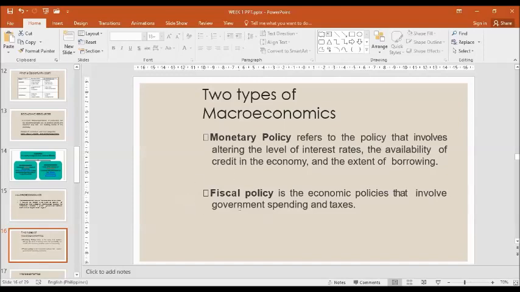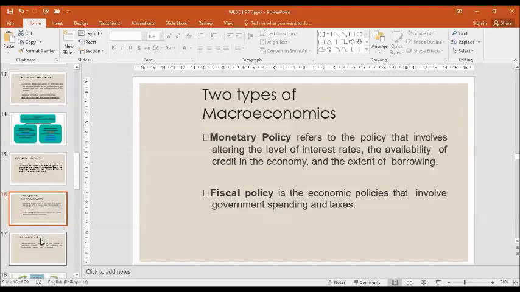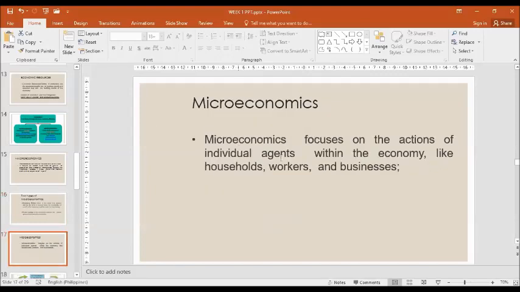Okay? Fiscal policy is the economic policy that involves government spending and taxes. In terms of taxes, we have the BIR, or Bureau of Internal Revenue.